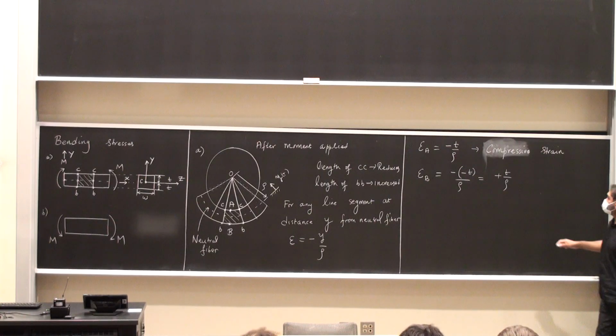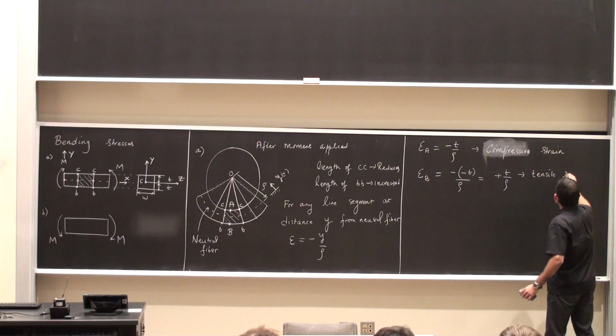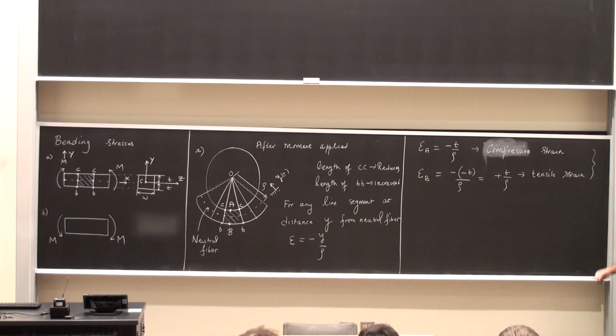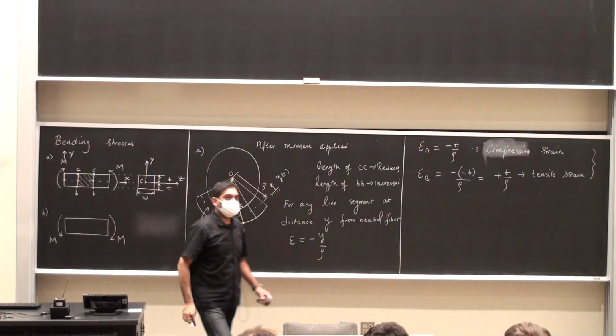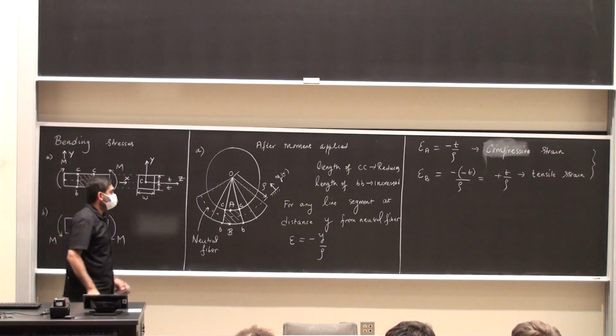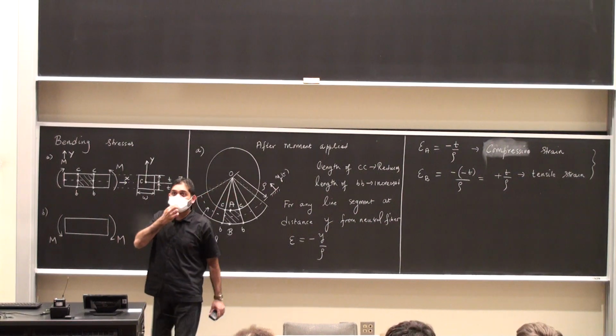Plus t by rho, so this is a tensile strain. At any point on the neutral fiber, no strain. Which means that when y is 0, there is no strain.